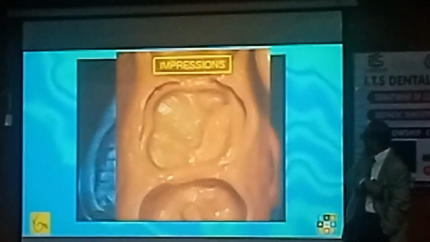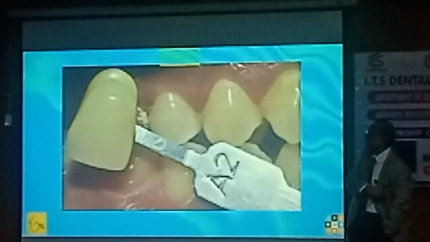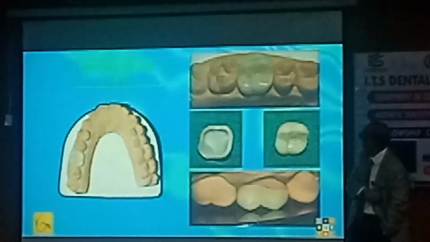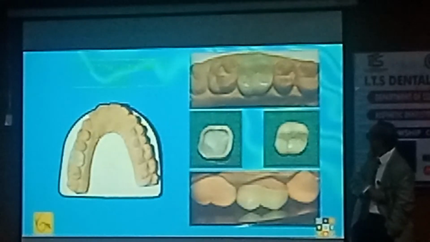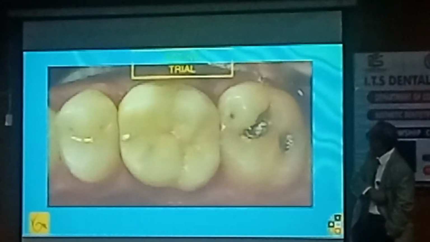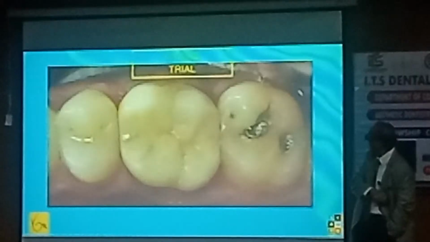This is your close-up of the impression, shade selection, fitting it on the cast, and this is how we fitted that particular restoration on the cast. This is your fitting trial that was done in the patient's mouth. The final outcome for this case was something like this.